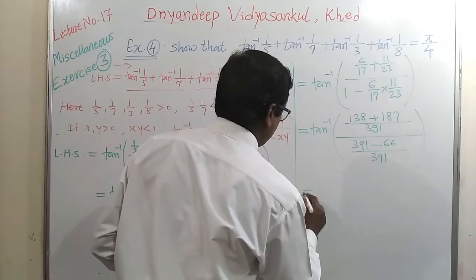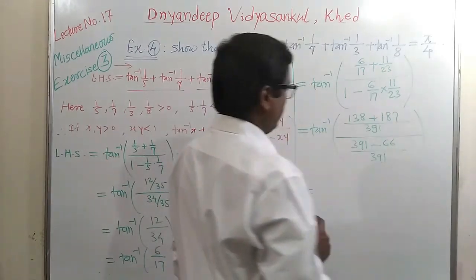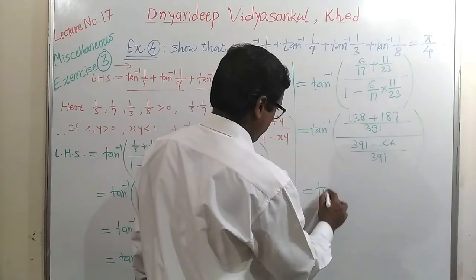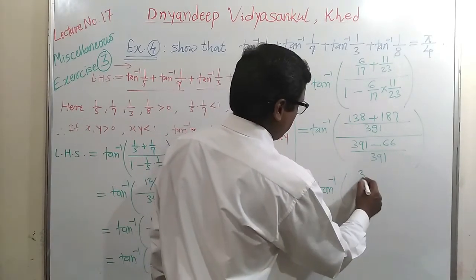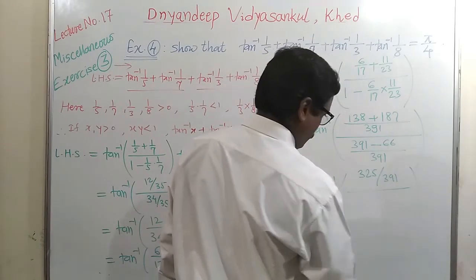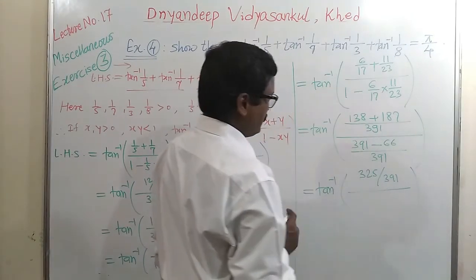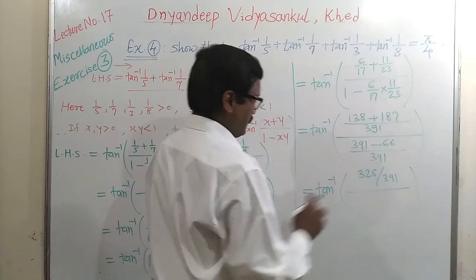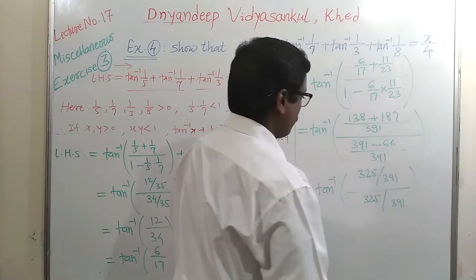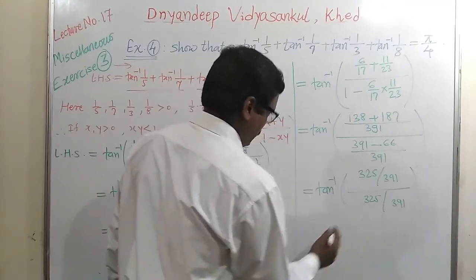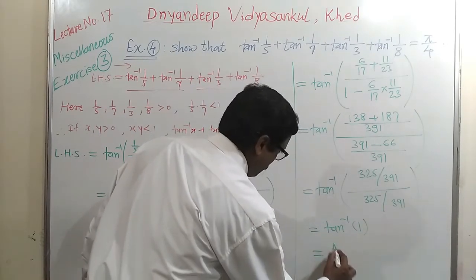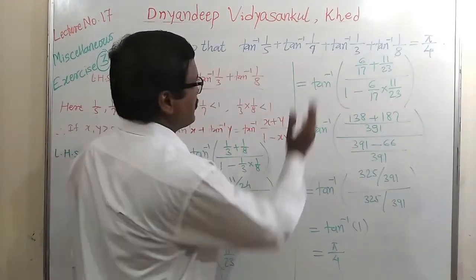So 138 plus 187 will be 325, so tan inverse of 325 upon 391, whole divided by 391 minus 66, it is again 325 upon 391. Both numerator and denominator are the same, so it is equal to tan inverse of 1, and therefore it will obviously be pi by 4. That is the required RHS.